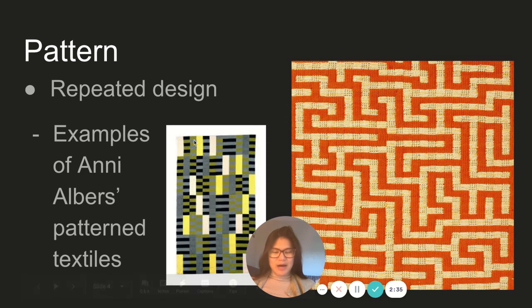You could create a pattern with colors, so you could go from white to blue to this yellow, repeating over and over again. There are many ways to achieve a pattern, or you could just repeat the same shapes. You could have this step shape, this step shape, this step shape. Even if it is not exactly the same, it is still a pattern because we can recognize how these shapes relate to each other.